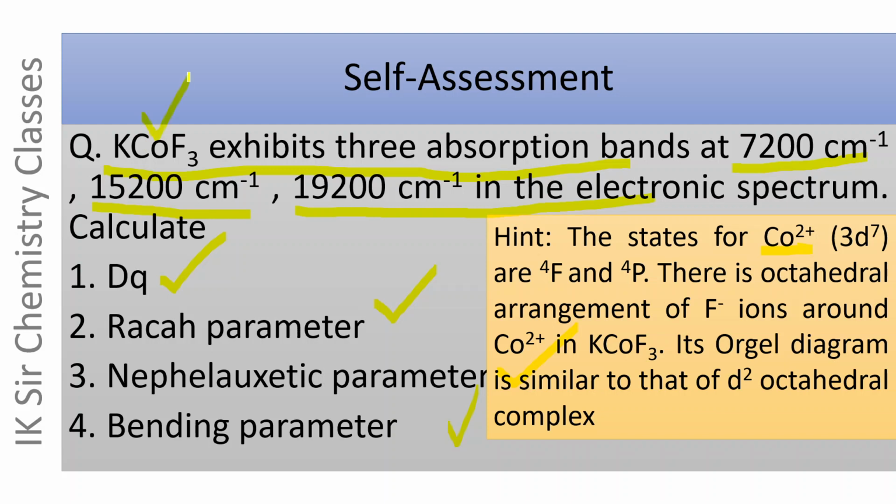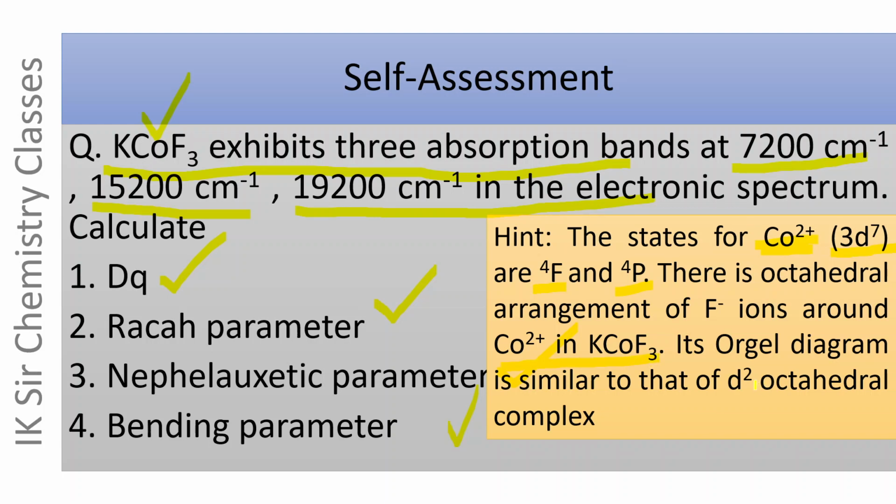In this compound, the oxidation state of cobalt is +2 and the electronic configuration is 3d7, and its states are quartet F and quartet P. There is an octahedral arrangement of F⁻ ions around cobalt 2+ in this compound KCoF3.